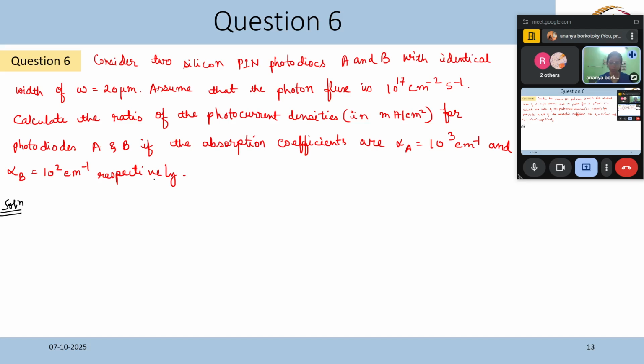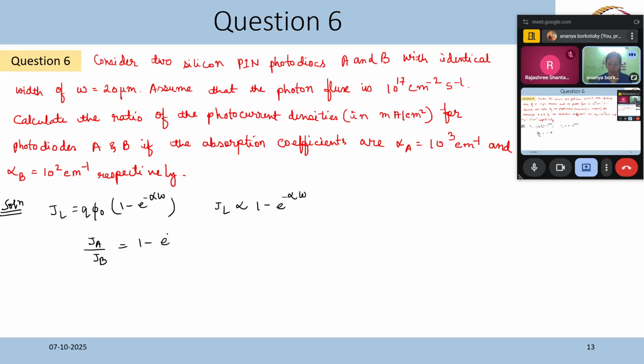The current density expression was JL equals Q into phi naught into 1 minus exponential minus alpha into W. My Q is a constant, phi naught is the same for both the diodes, so my JL is proportional to 1 minus exponential minus alpha into W. So JA by JB will be 1 minus exponential minus alpha A into W, over 1 minus exponential minus alpha B into W.